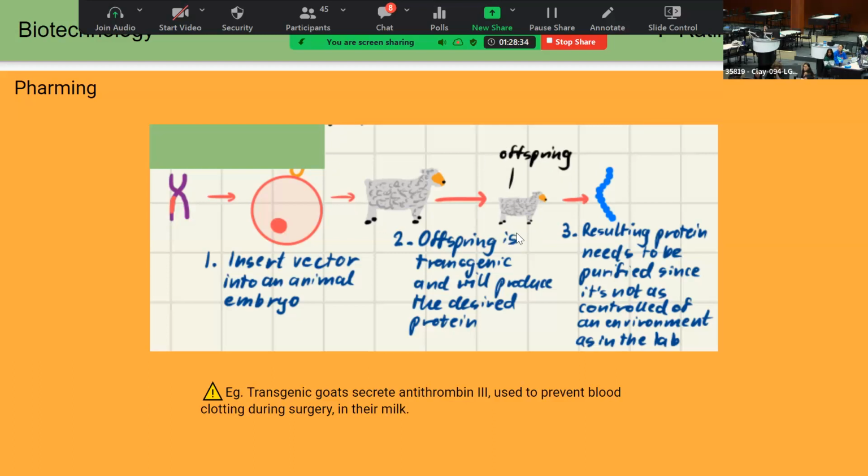This offspring will now have the desired protein being made. The protein is then extracted from the offspring. An example of this: transgenic goats secrete antithrombin 3, which can be used to prevent blood clotting during surgery, and it is present in their milk.